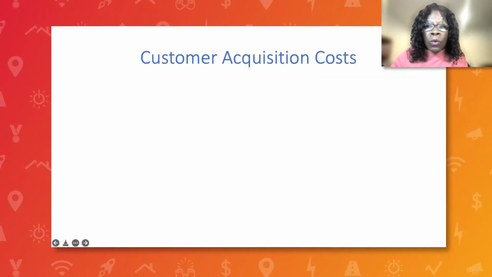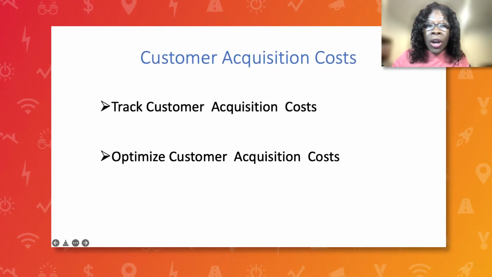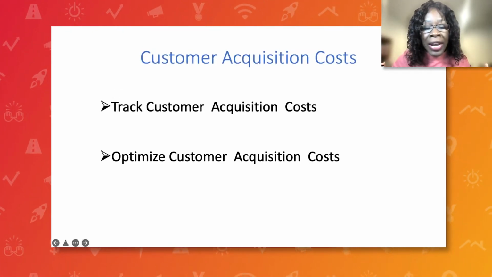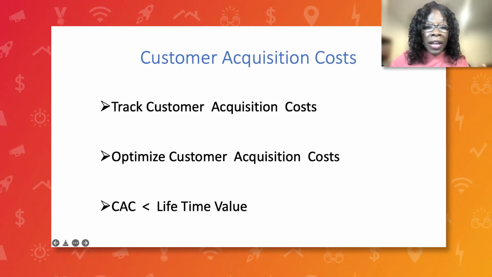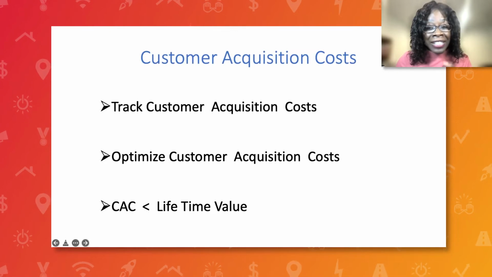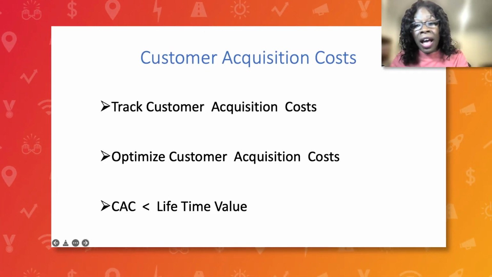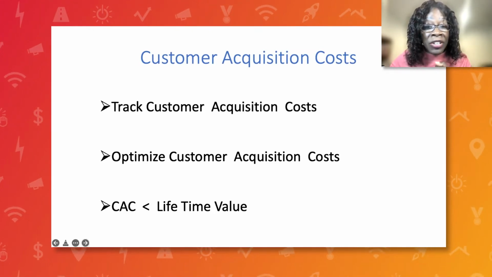And so you want to track your customer acquisition costs, and you want to optimize them by keeping a record and looking at the result of a particular activity. And the big question you want to ask is, my customer acquisition cost, my cost of getting a customer, is that less than my lifetime value?